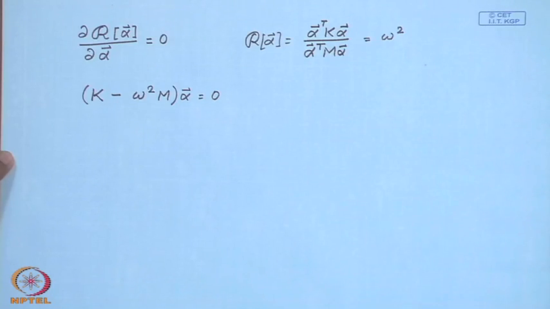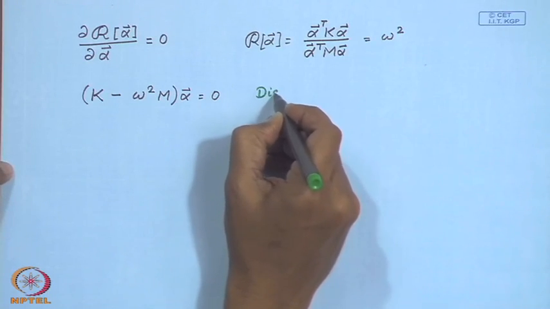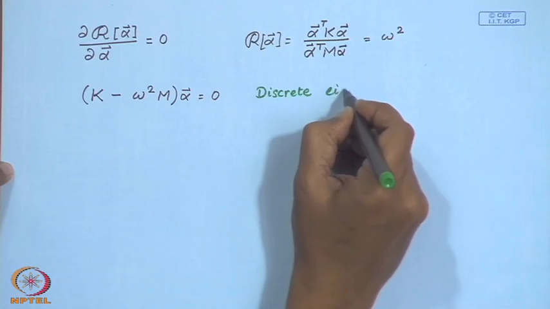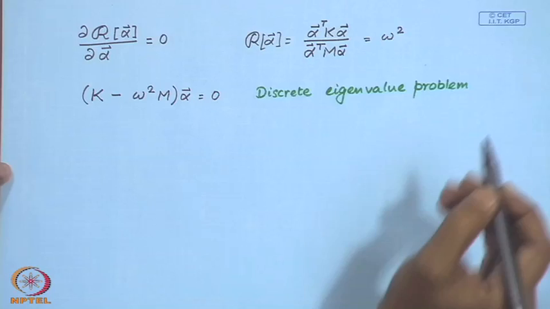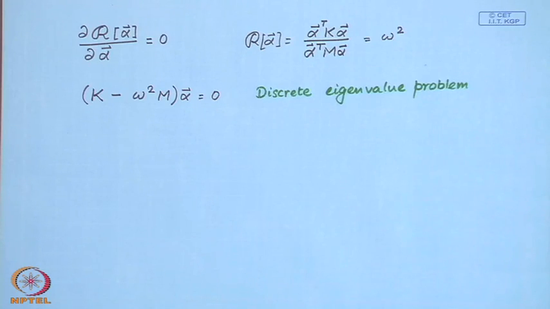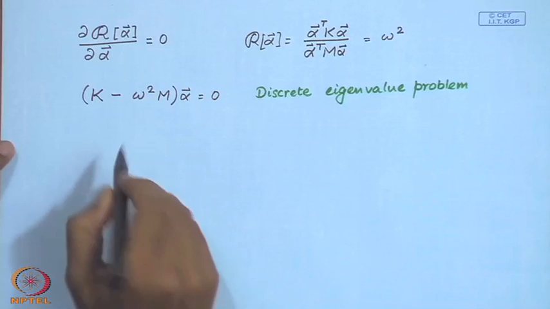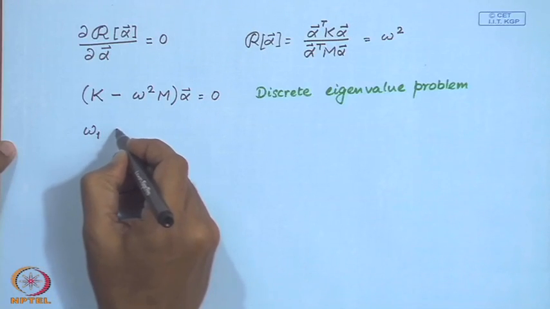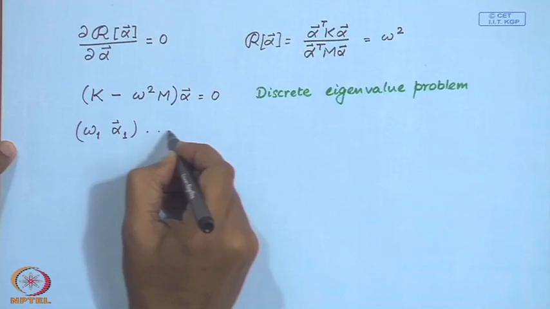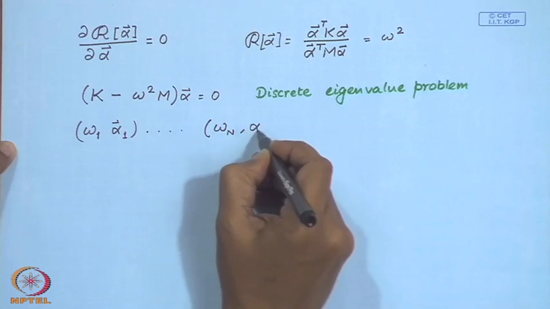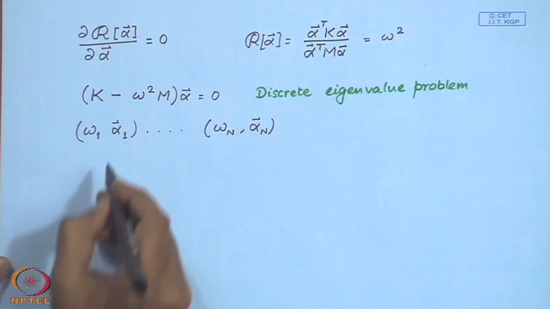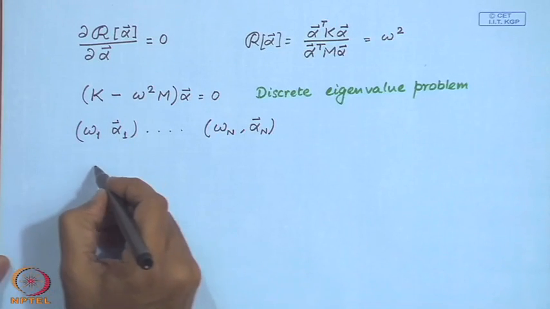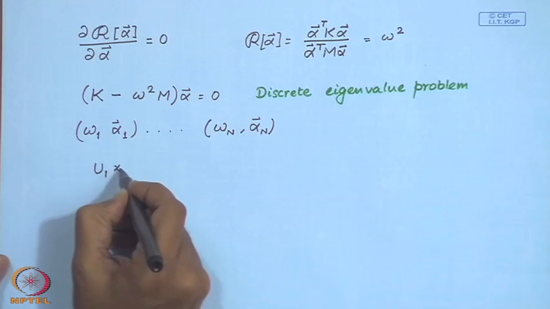Now, this is a discrete eigenvalue problem, which can be solved very easily to determine omega and the eigenvectors alpha, and finally, once we have the circular eigenfrequencies and the corresponding vectors alpha, these can be used to determine the corresponding eigenfunctions.